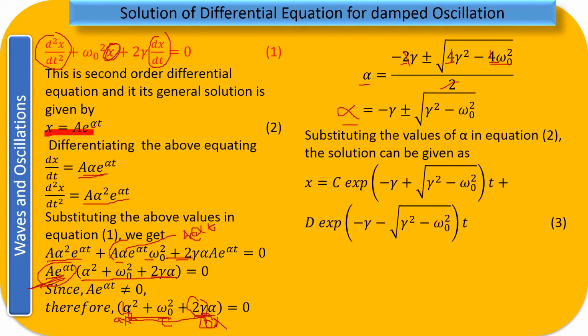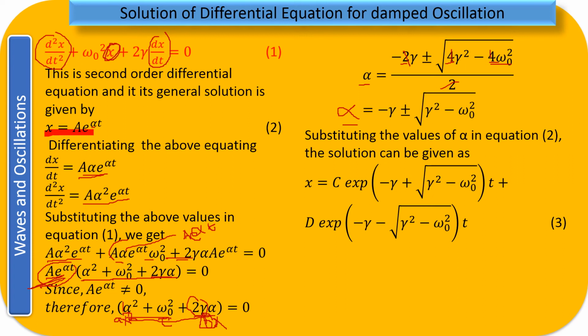So if I substitute this value of the alpha, we will have two values. One is minus gamma plus under root gamma square minus omega naught square, and another is minus gamma minus under root gamma square minus omega naught square.